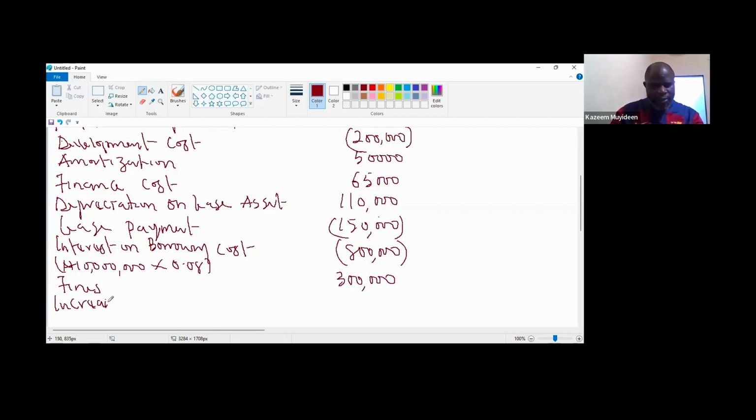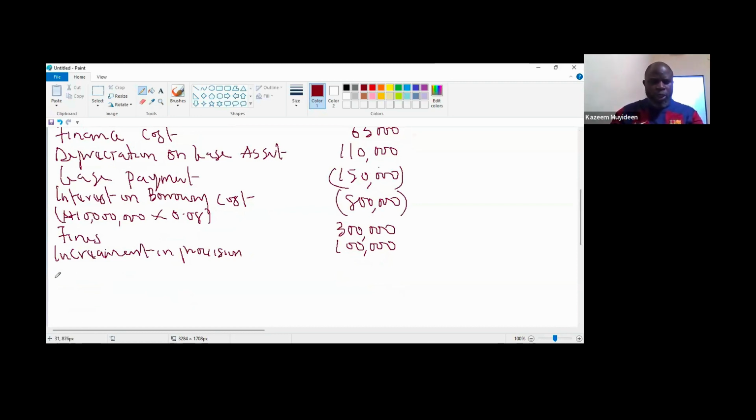The increment in provision. How much? 100,000. See these disallowable expenses. Then donation to political party. Add it back.